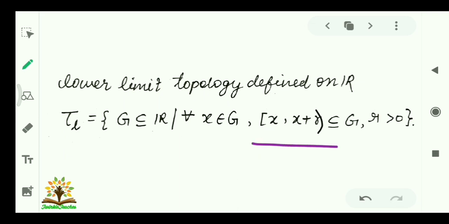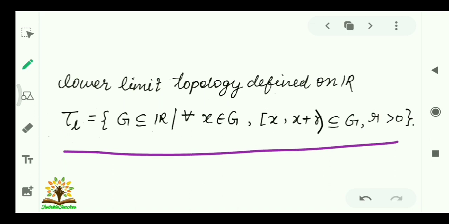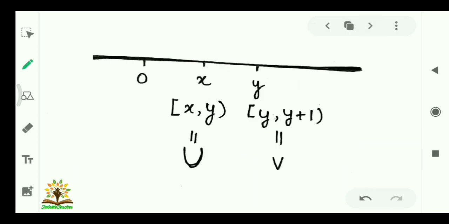This interval is known as closed open interval, and elements like [x, x plus r), where r is a non-zero number, are contained in the open set G, and tau contains this type of elements. Now let us see how it is a Hausdorff space.